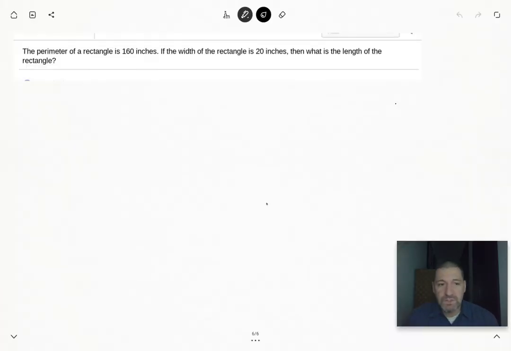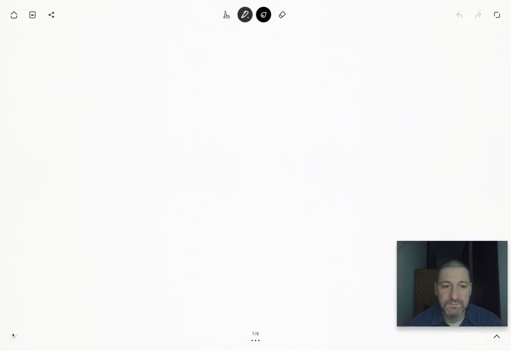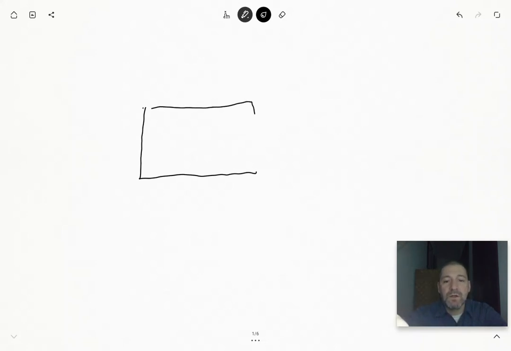Okay, so let's first look at what area and perimeter are. Let me back up the beginning here. If I have a rectangle, we want to consider the differences between what the perimeter and the area are. First of all, there are units to measure perimeter and area.